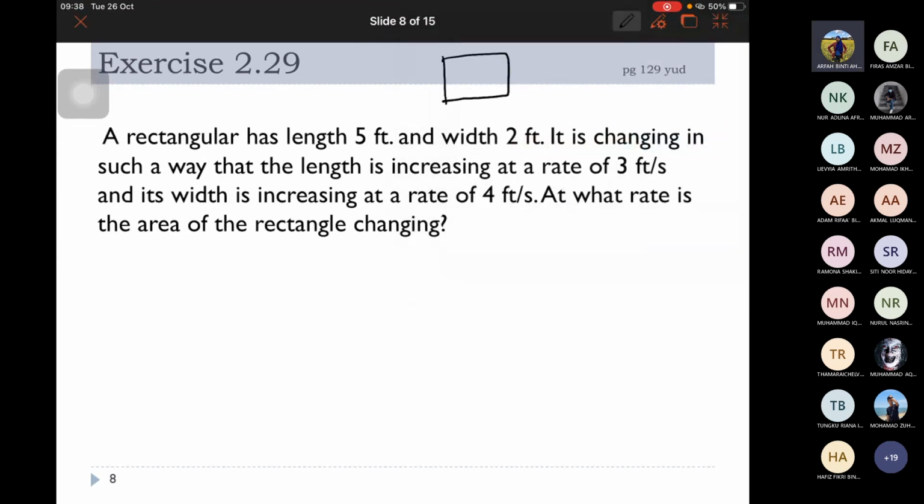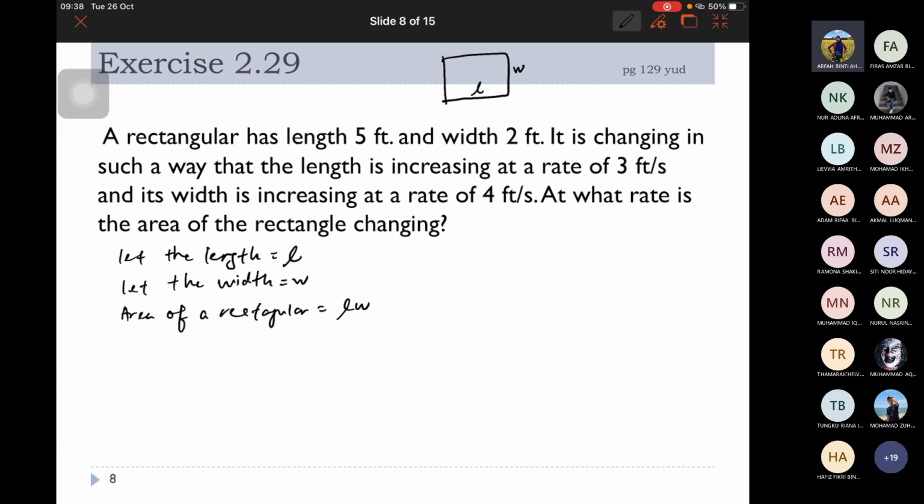Dia ada 5, katakan yang ini adalah length L and W. Let the length equal to L and let the width equal to W. Okay. So LW, area of a rectangular equal to width darabkan dengan dia punya length.